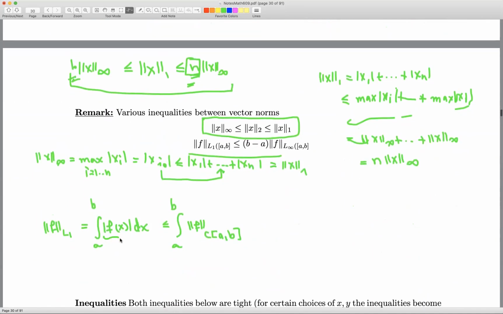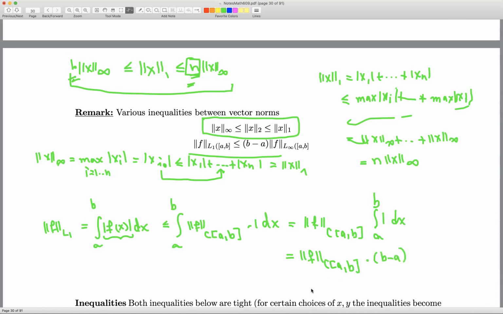So we have that the integral is less than or equal to the integral of the C norm times 1 dx, but this is a constant, so it can be put out. So this is the norm of f in C on AB, times the integral from a to b of 1 dx, which is x in the interval AB.